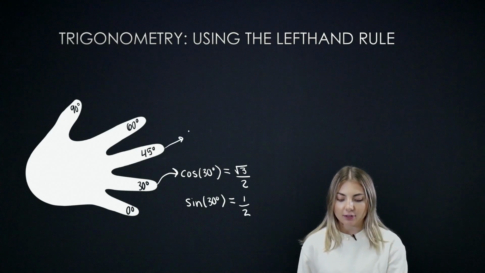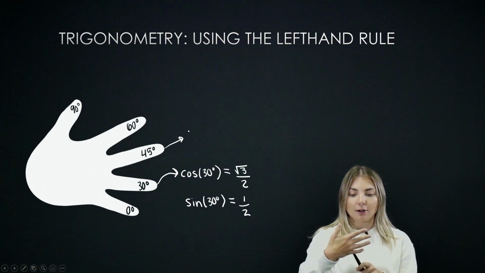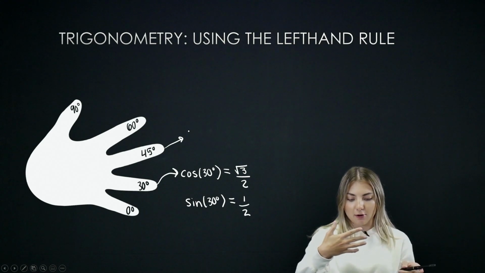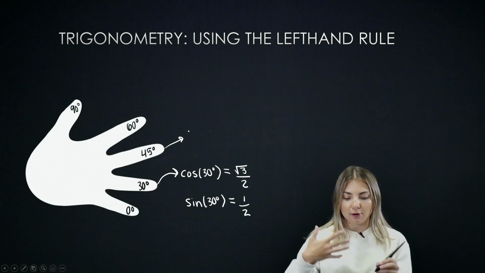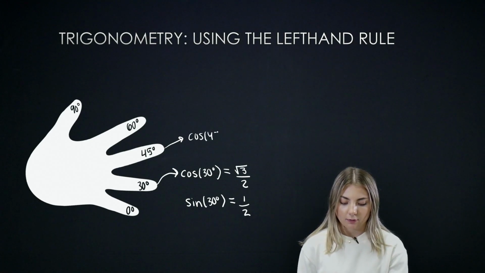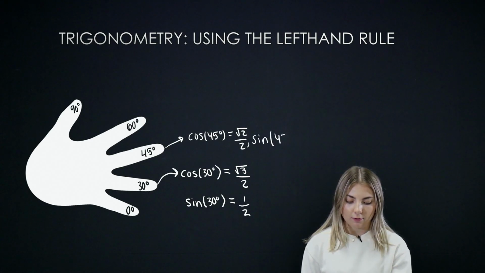So 45 degrees, looking at our hand, we know that both sine and cosine are going to be square root of 2 over 2. So cosine of 45 degrees, and then sine of 45 degrees.